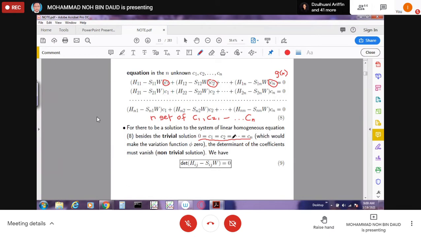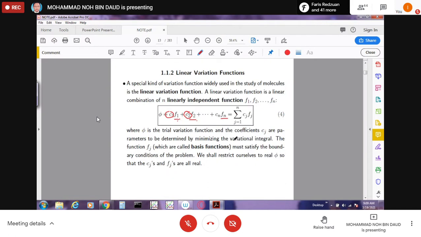But of course the trial function will then be 0, so this is an unacceptable solution, because when we set all these coefficients to be 0, the trial function will be 0.